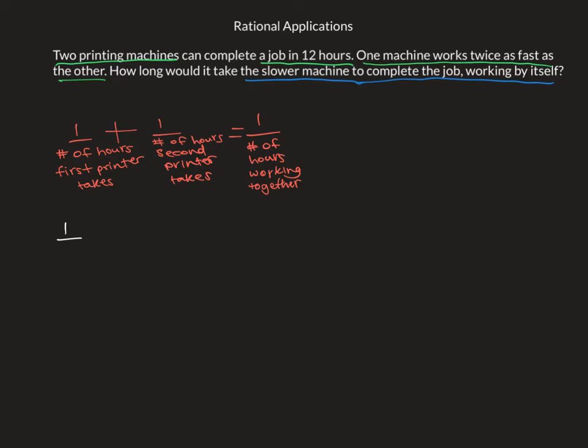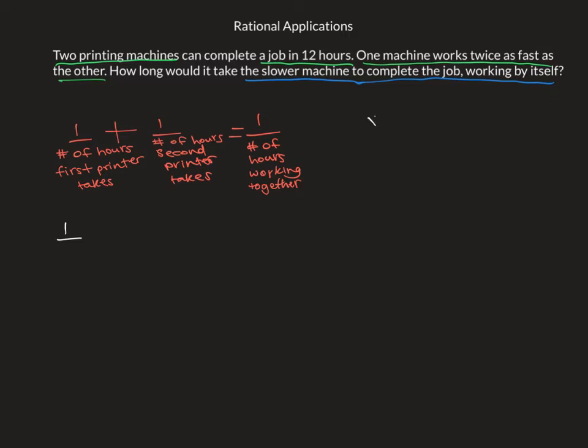We don't know how long it takes, but we do know that the first printer works twice as fast as the other. So what does that tell us? Just like it said, one works twice as fast.